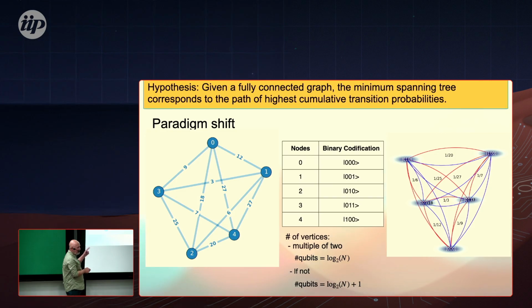So at the end of the calculation, you expect that your minimum spanning tree corresponds to the path that you followed, which corresponds to the highest cumulative transition probabilities. The difference here is that in the Kruskal algorithm they don't talk about probabilities; they talk about the weights of those edges.